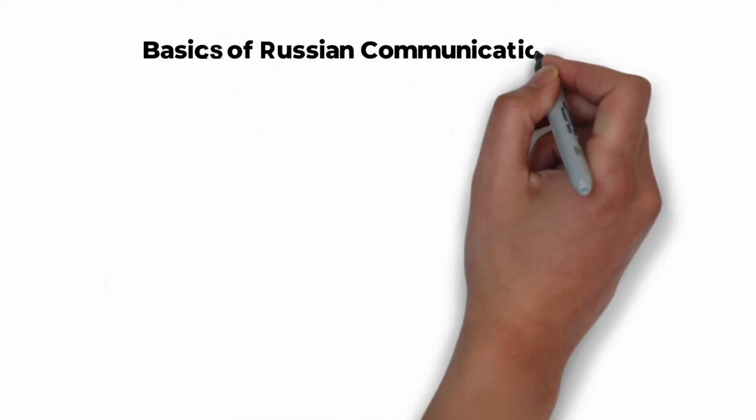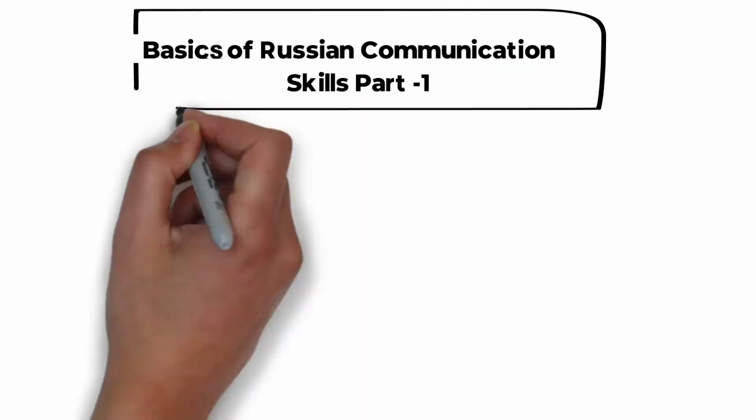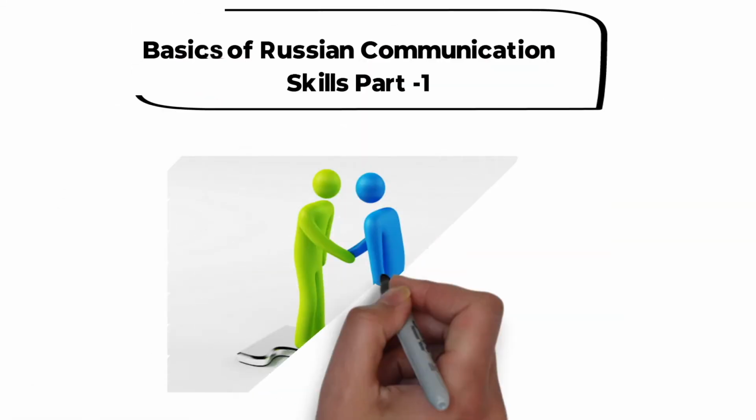Today I welcome you all to this course, Basics of Russian Communication Skills. The objective of this module is to make you understand the basics of Russian grammar. Today, in this module, first we will read the text in Russian, and the text will be based on a particular theme. Today's theme is Delhi. Then I will translate the whole text in English once. Further, the text will be analyzed from the point of view of grammar.